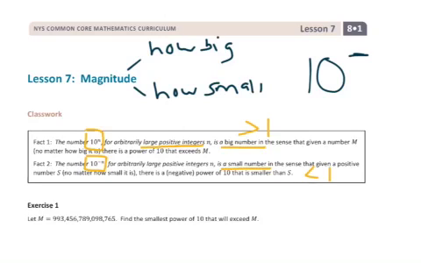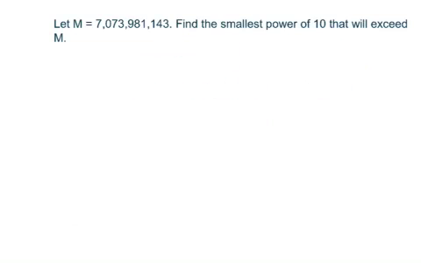So before we get into the first exercise, as always, I'm going to give you a few examples. So here's the first example I want you to write down in your notebook. It says, let m equal this very large number right here. Find the smallest power of 10 that will exceed m. So basically, I want to find a power of 10.